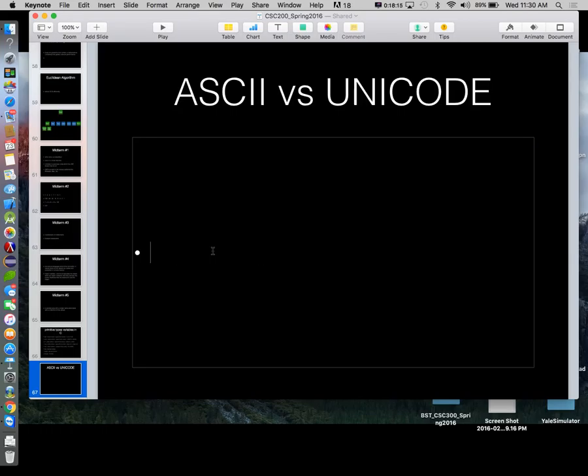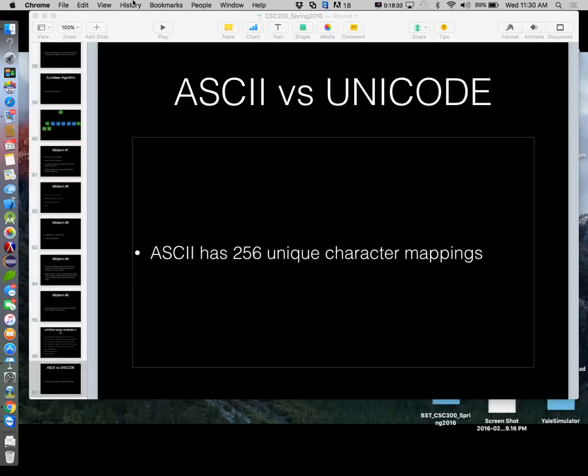So ASCII is American Standard Code for Information Interchange. So ASCII has 256 unique character mappings. For example, I'll just show it to you real quick.